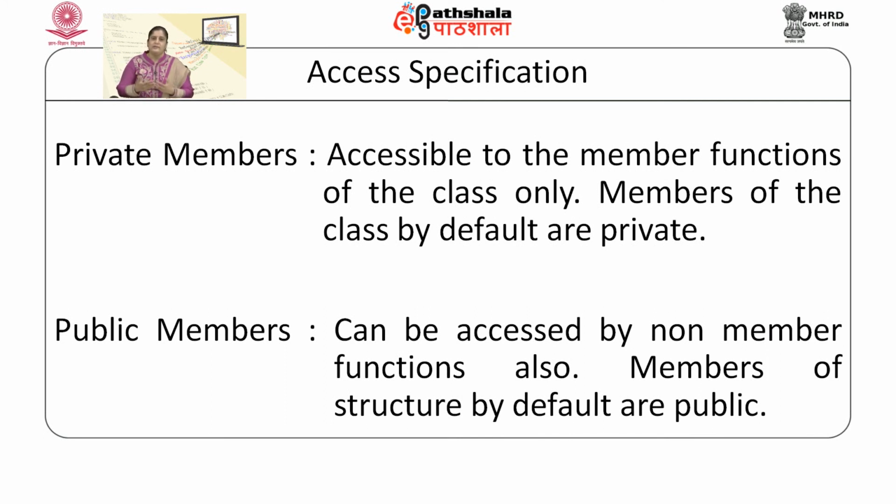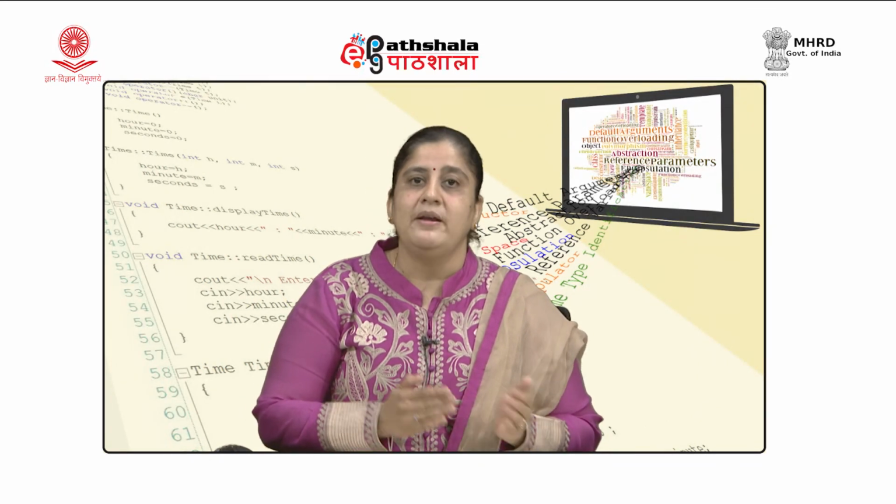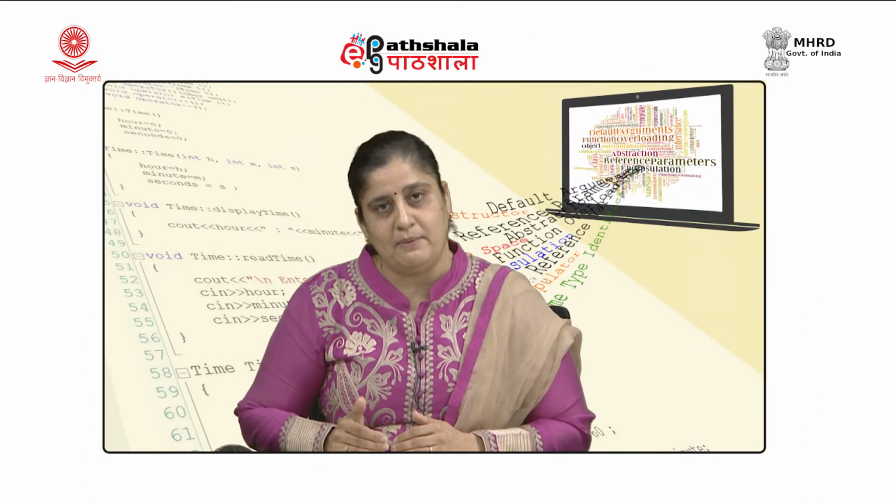We have a choice that we can specify that this member of mine is private, this member of mine is public, but when we do not specify any access specification for any member, in structure by default the member will be considered as public, and in class the member will by default be considered as a private member.